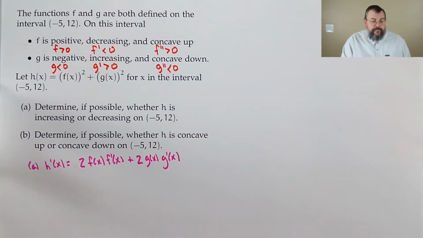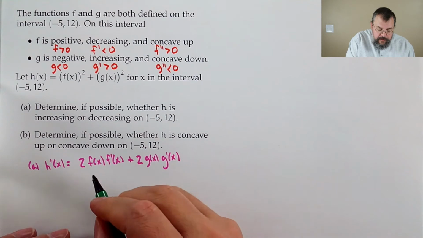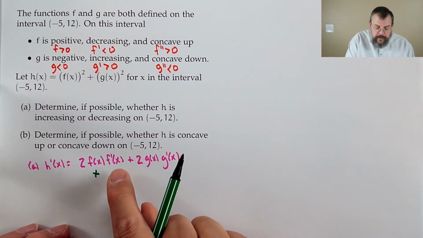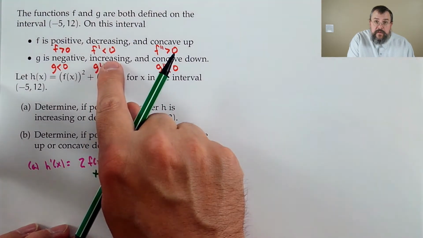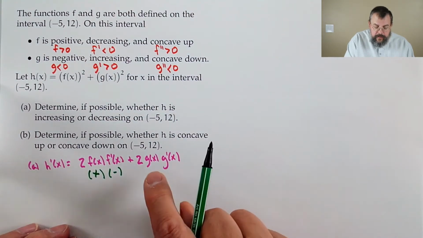All right. Now, here's what we need to do. Let's check our signs. What do we know about f of x? Well, f is positive, so this is a positive number. What do we know about f prime? F prime is negative, so we have a negative number. How about g?